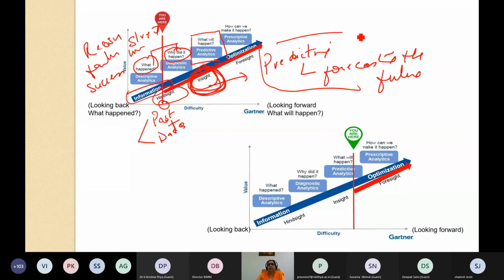Finally, it helps you give some solutions for the future or prescribe some method, plan something, how to make it happen. So that is foresight or optimization, and these are known as optimization tools.